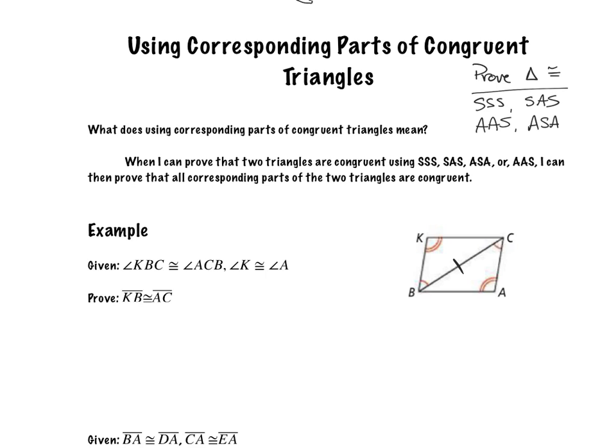So let's look. We have 2 options. So first thing I want to say is that triangle KCB is congruent to triangle ACB by.